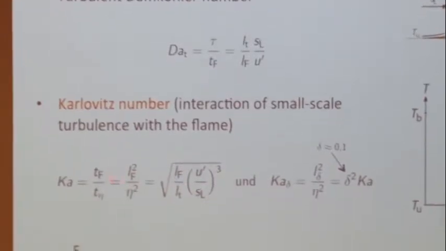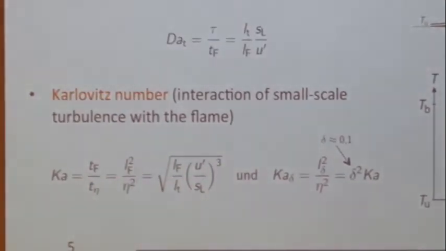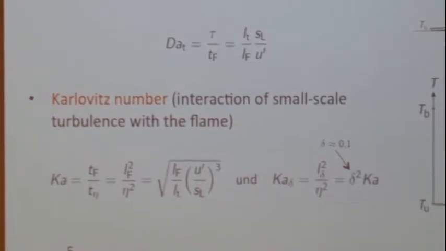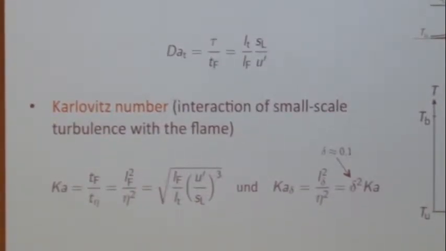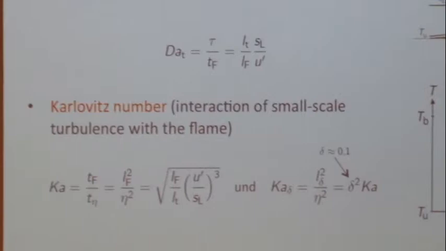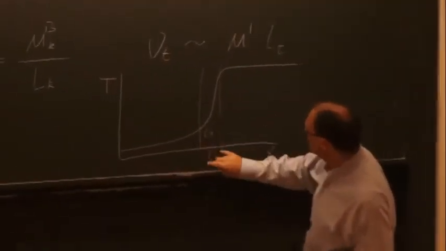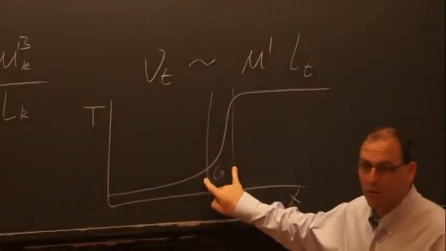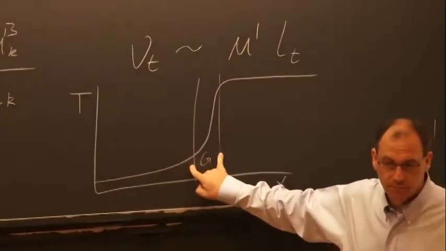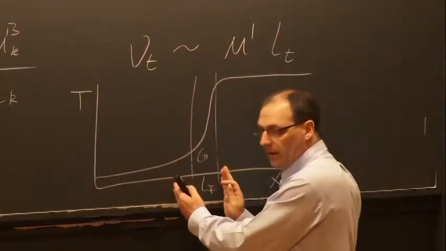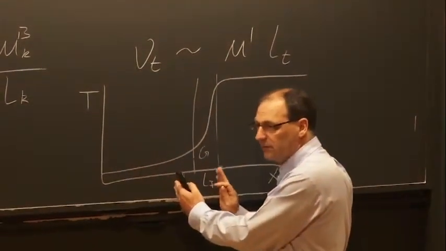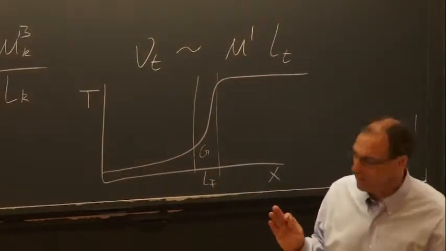Here we look at, you see, we have the flame thickness. Remember when we talked about the structure of flames, we said there's an inert preheat region, that's of the size of the overall flame thickness.